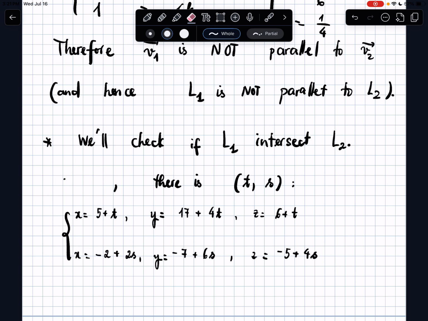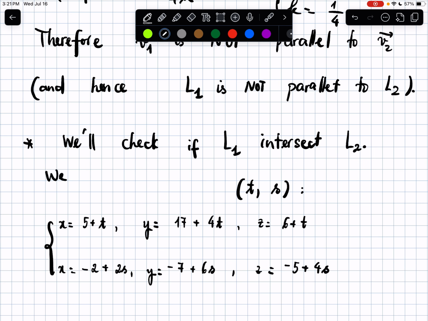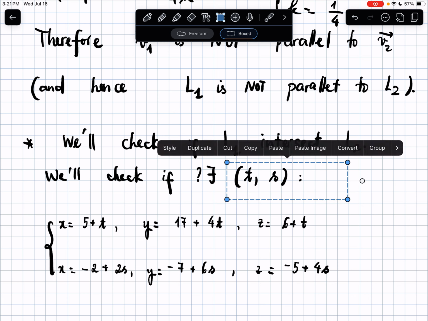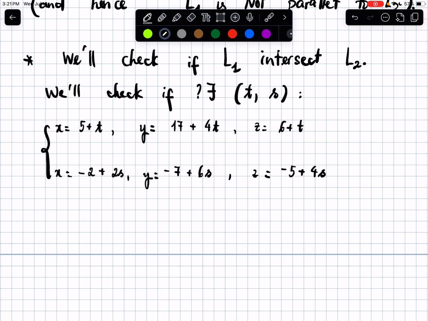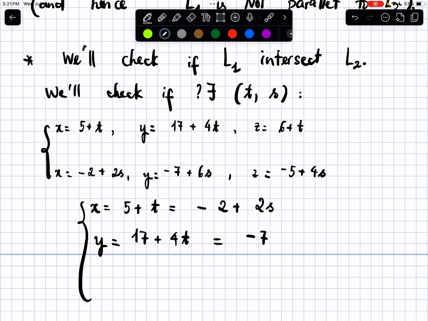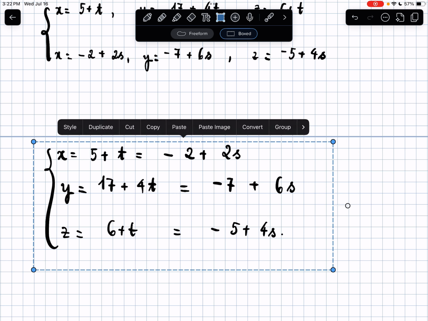So x: 5 plus t equal to minus 2 plus 2s; y: 17 plus 4t equal to 7 plus 6s; and z: 6 plus t equal to minus 5 plus 4s.